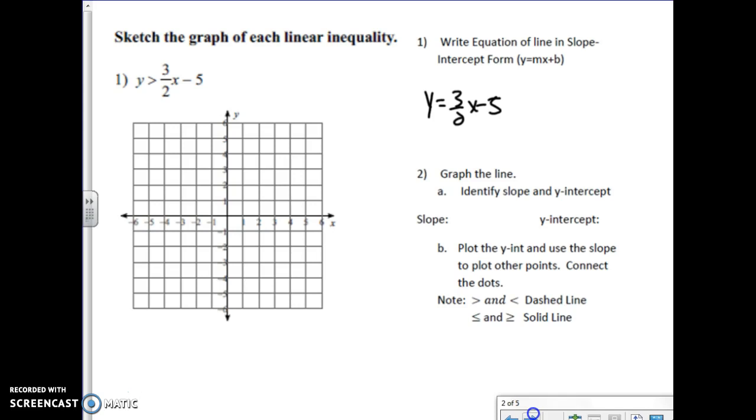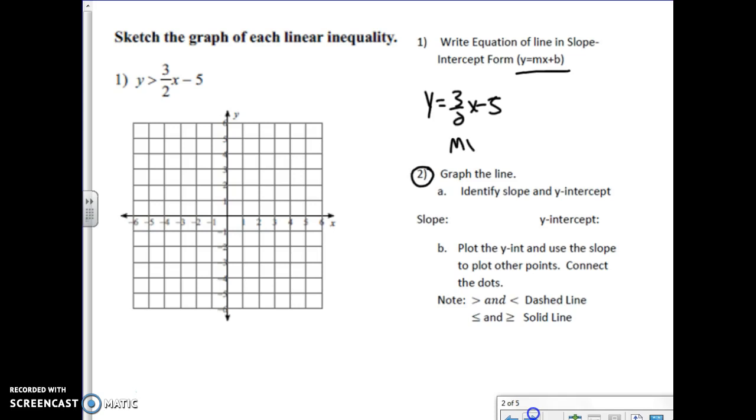Now the first thing that I want to do is make sure that it's in y equals mx plus b form. Which when I look at this, yes, it is in y equals mx plus b form. Y is by itself, so I don't have to do anything funny with it. Now, number 2, I want to identify the slope and the y-intercept.